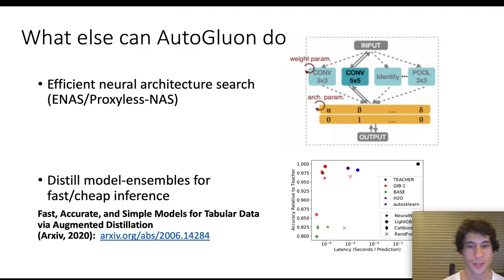So here, over a bunch of data sets, in this bottom plot, we first trained AutoGluon's large ensemble model produced by AutoGluon's tabular prediction module to achieve some accuracy. That's shown as the black dot. And then we trained a bunch of individual models. These are shown as the green dots. So we trained neural network, LightGBM, CatBoost, and random forest models.